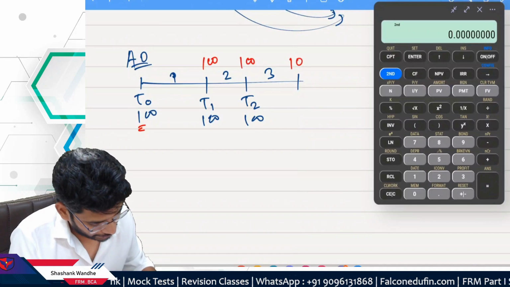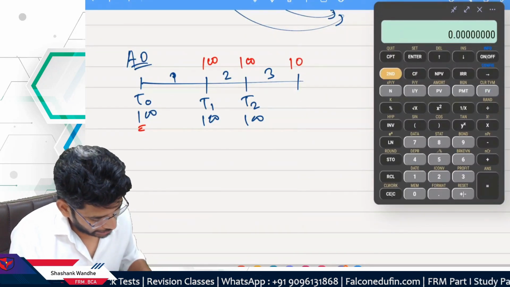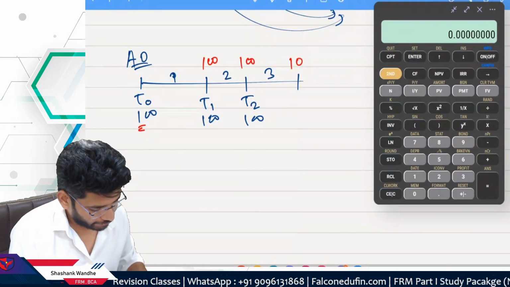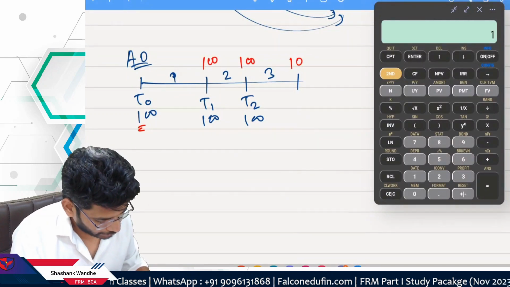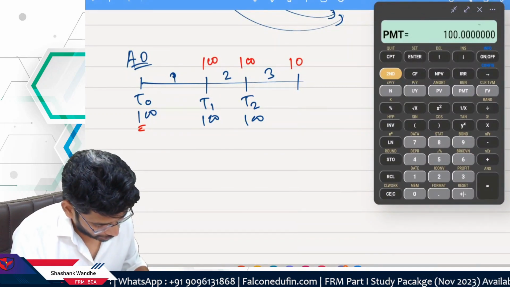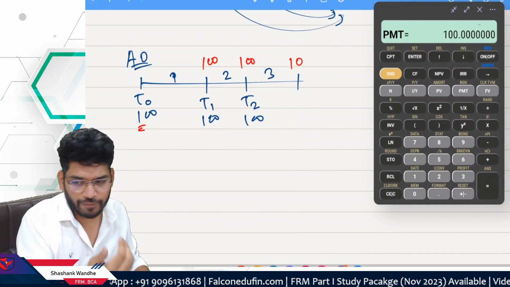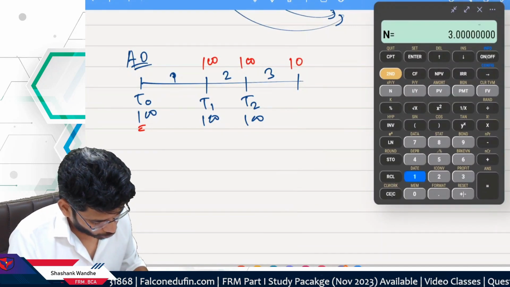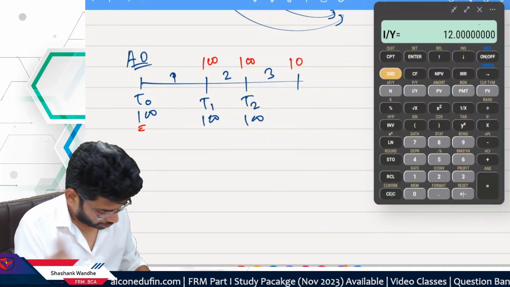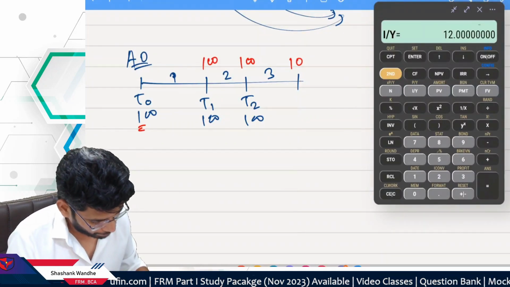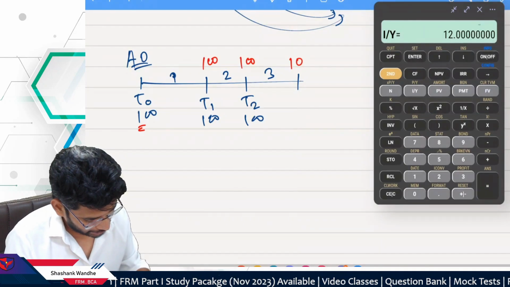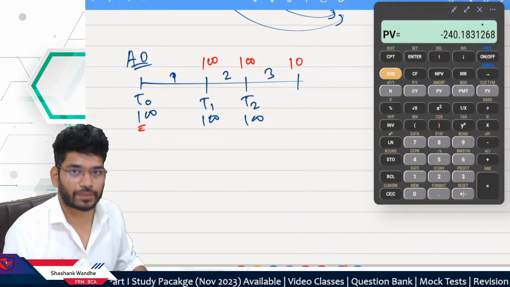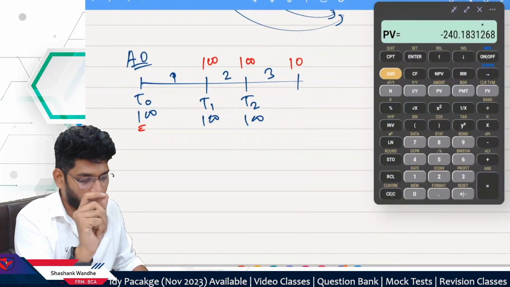Now see. Second clear TVM, we have to start with second clear TVM. Now 100 PMT, don't bother about future value because by default it is 0 only. 3N, 12% I by Y, we are assuming it from the previous calculation only. And let's calculate CPT PV. And the answer is 240.183.